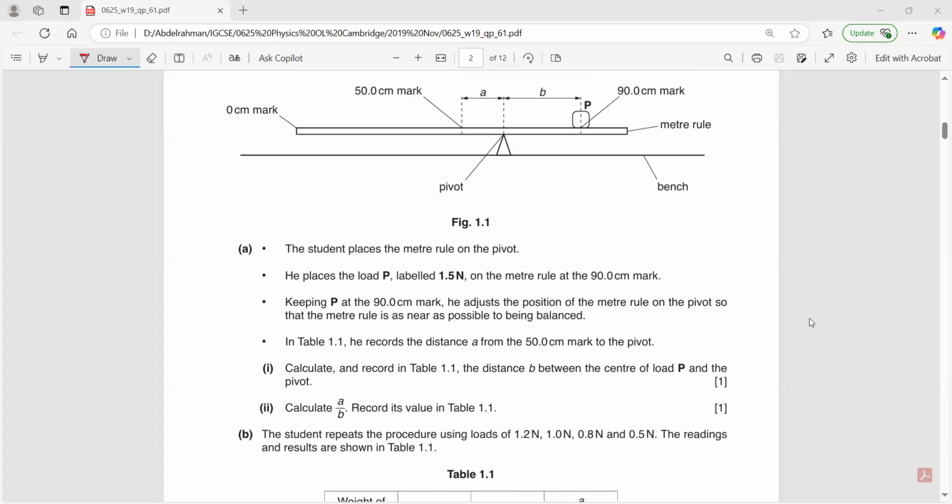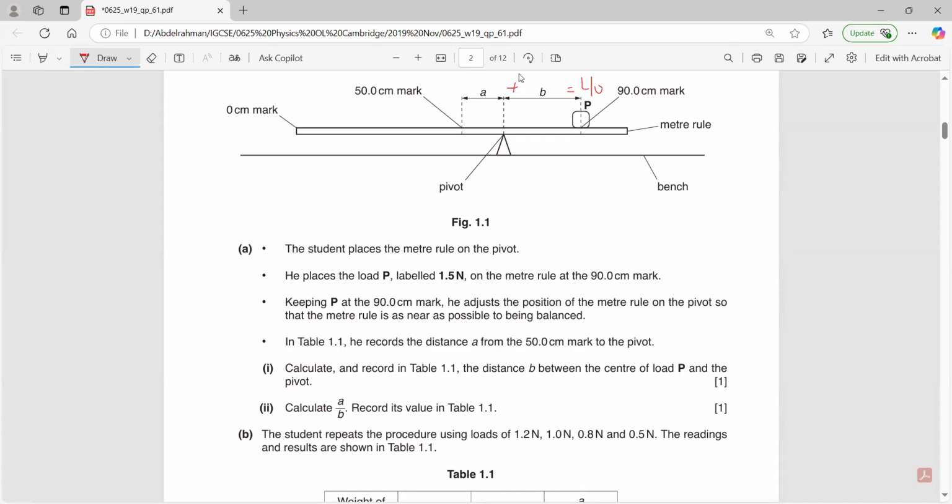If you think about it, you'd find that the distance A plus B will always be 40. Why?